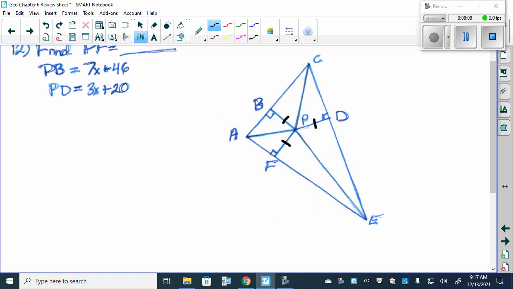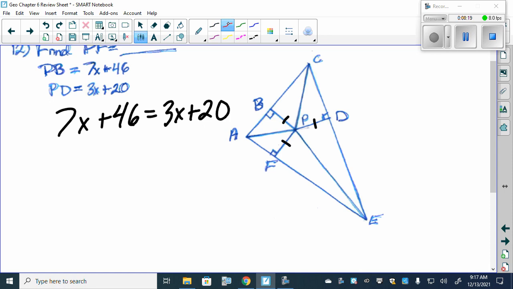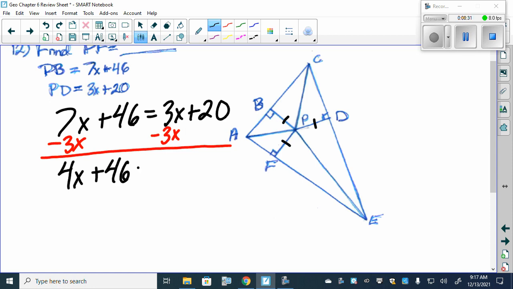So that's really telling us that 7x plus 46 is equal to 3x plus 20. Solve for the value of x and then plug it back in. Seven x minus 3x is going to be 4x, plus 46 is equal to 20.